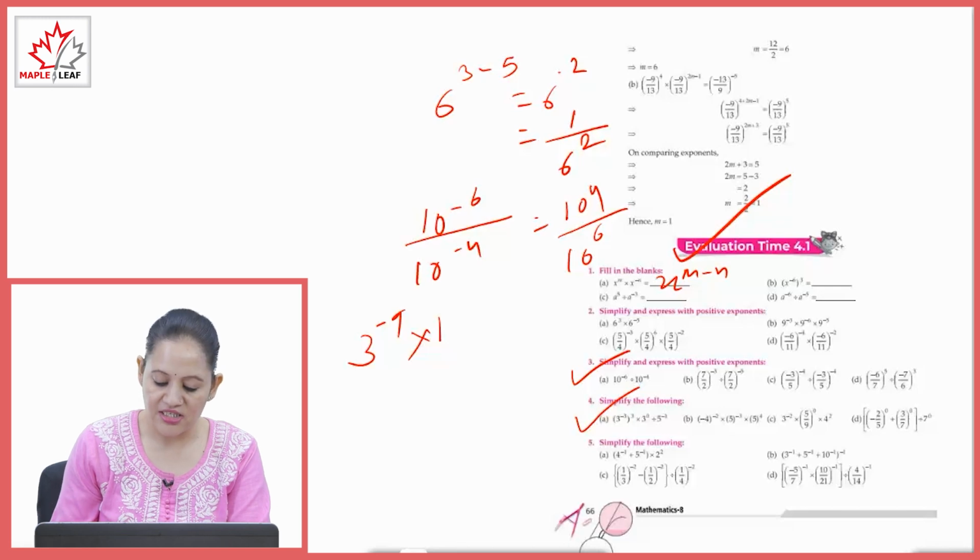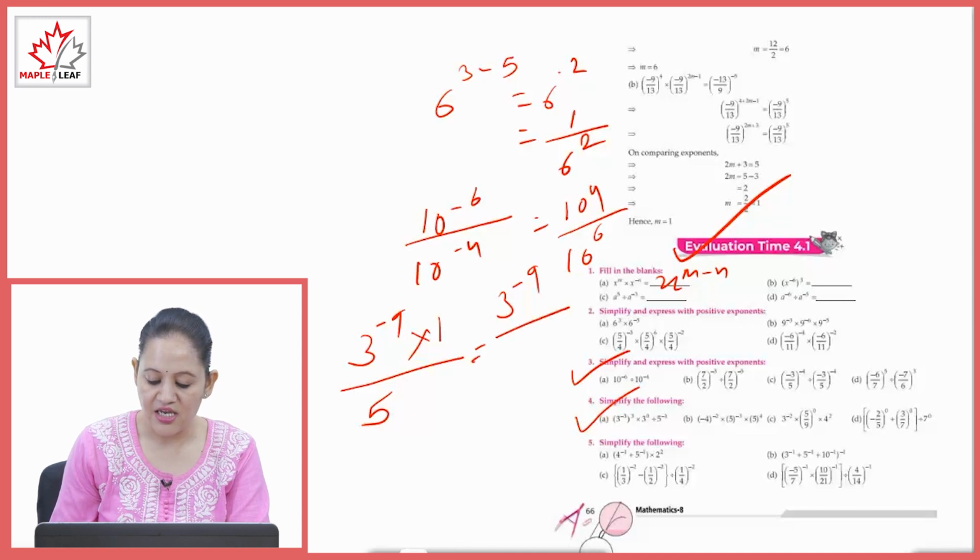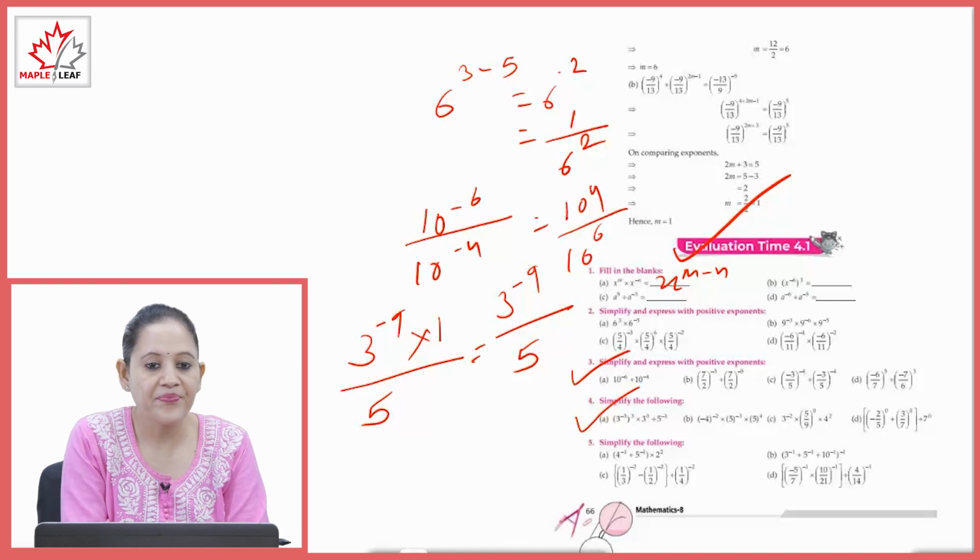So that is, हम इसको नीचे लिख देते हैं, 5^-1 नीचे आएगा 5 आ जाएगा. So 3^-9 upon 5. Clear?